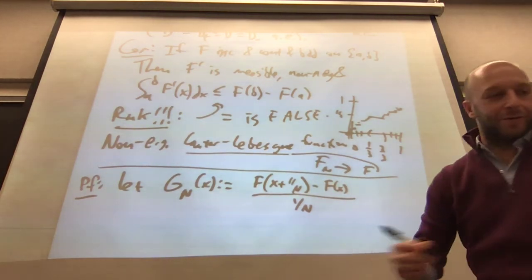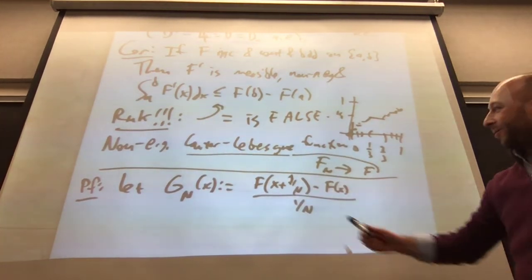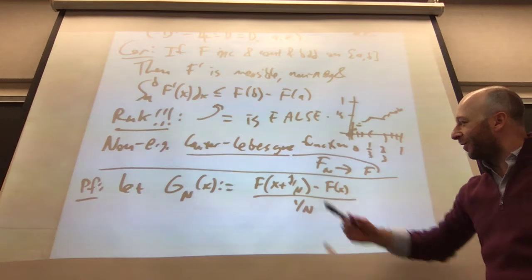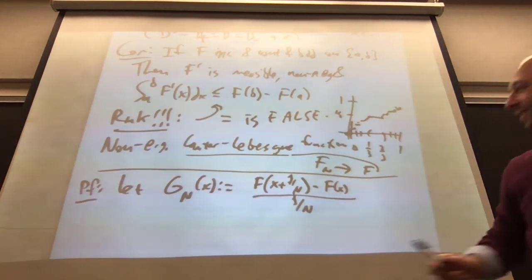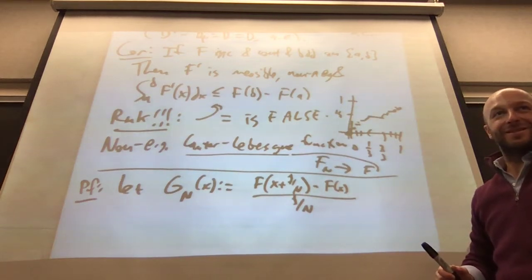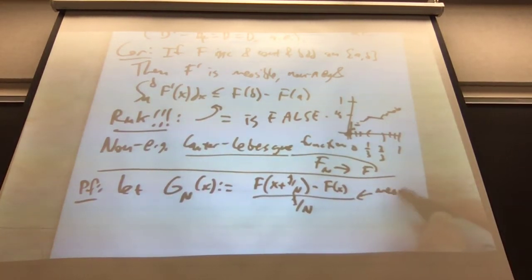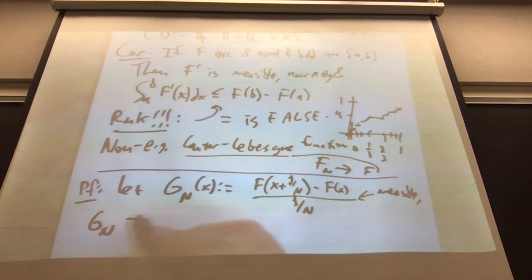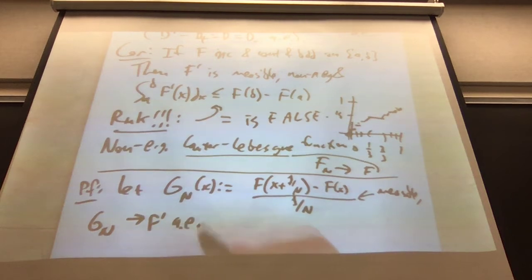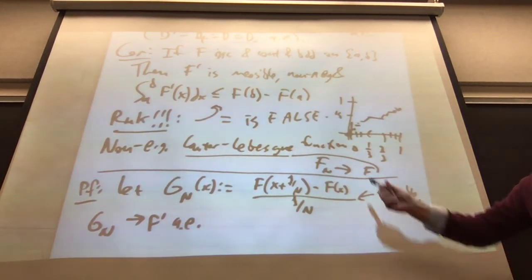Oh, sorry. Is that any better? 1 over n. Okay? These are all measurable. And Gn converges to f prime almost everywhere. So where is Gn defined? On a to b.